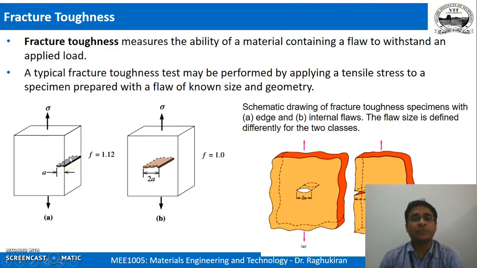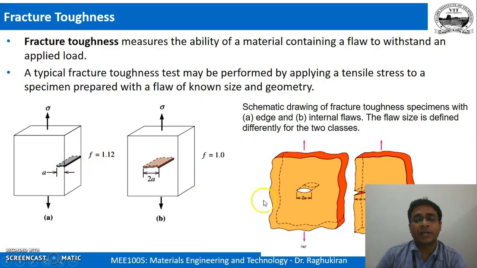For example, yield strength, we measure by conducting a tensile test with a gradually applied load. But fracture toughness we measure by having a specimen, something like this, and typically giving a predetermined, known-sized flaw. We induce it artificially.